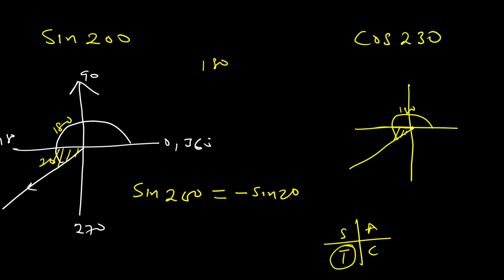So we need to subtract 180 from 230 to get the acute angle. The direction is negative because this side is for tan. Okay, so cos 230 is the same as negative cos 50. Okay. All right, so that's that.